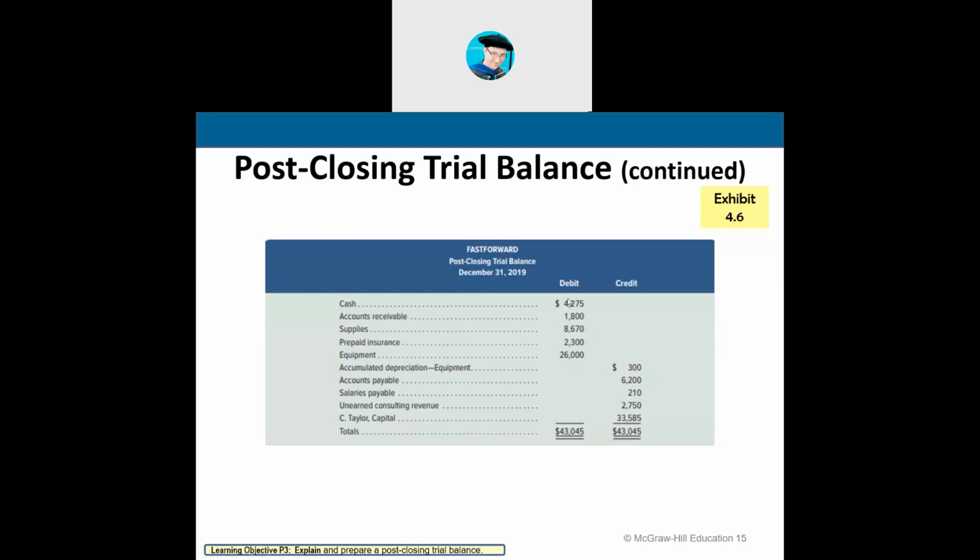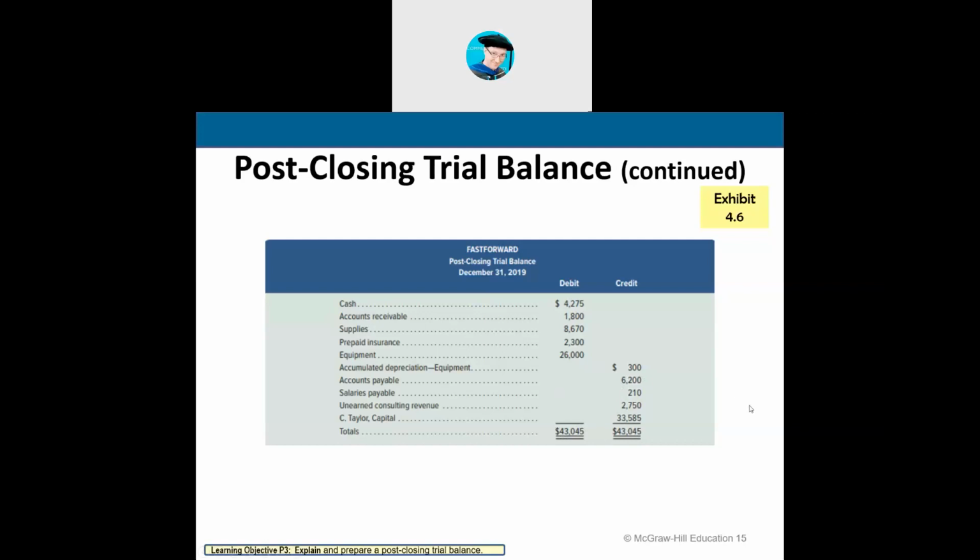So we have our assets, our liabilities, and then our equity accounts. In this case, our capital account is our equity account. And our total debits equal our total credits: 43,045 equals 43,045. That is my post-closing trial balance, and they both balance.